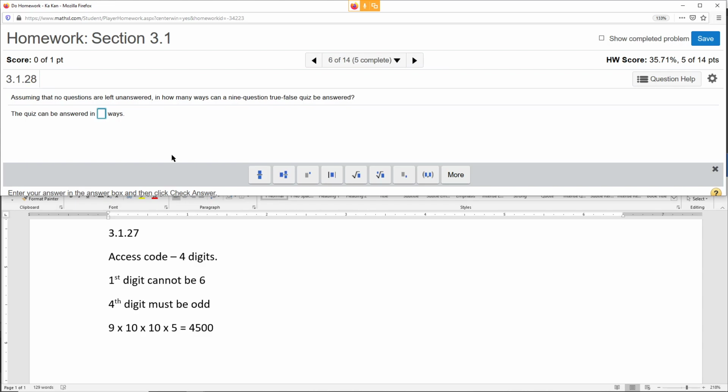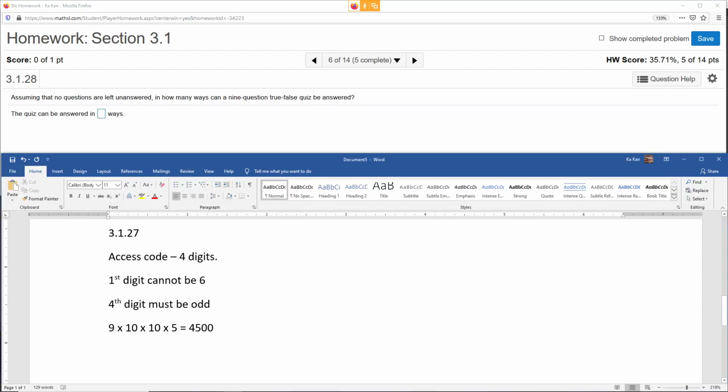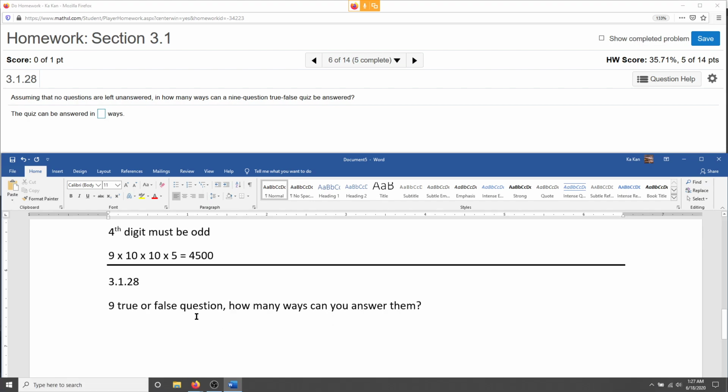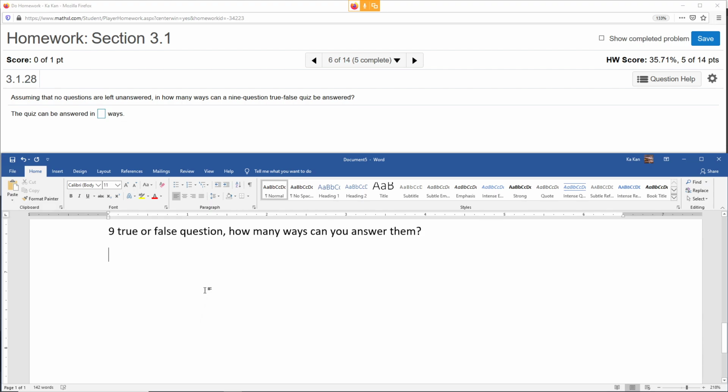Now let's see about the next problem. Assuming that no questions are left unanswered, how many ways can a 9-question true or false quiz be answered? That's 3.1.32. So you have 9 true or false questions. How many ways can you answer them? For each question, you have 2 ways to answer: true or false. There are 2 ways to answer the first question, and 2 ways to answer the second question.